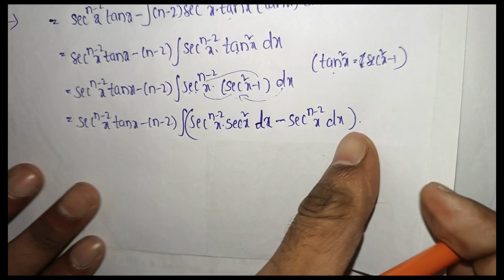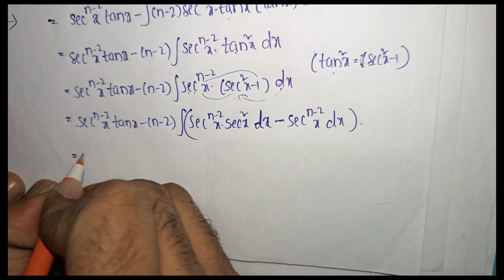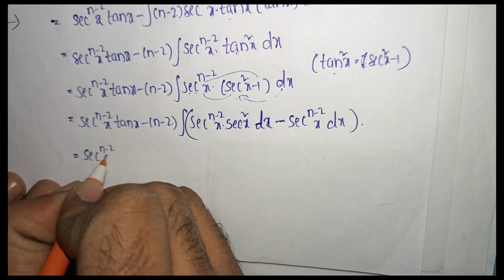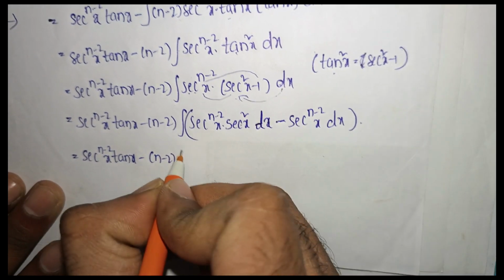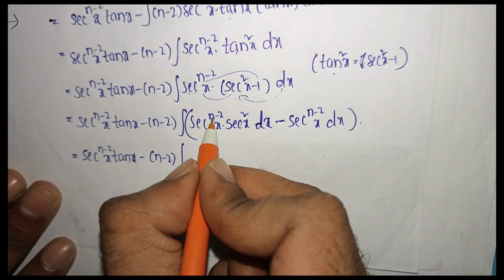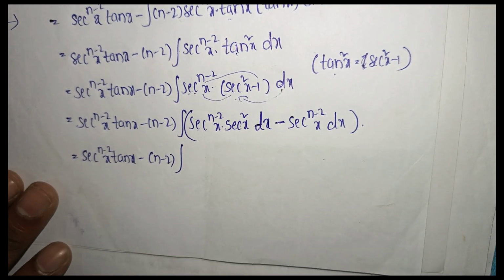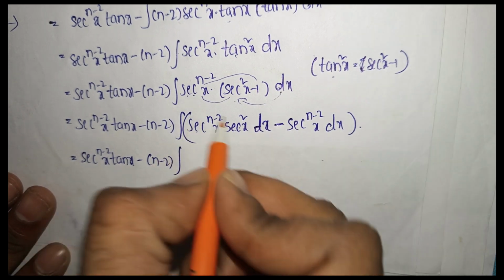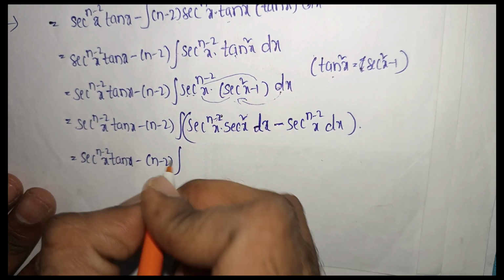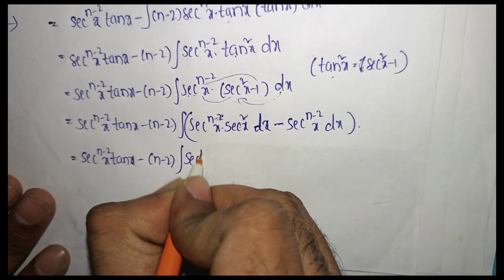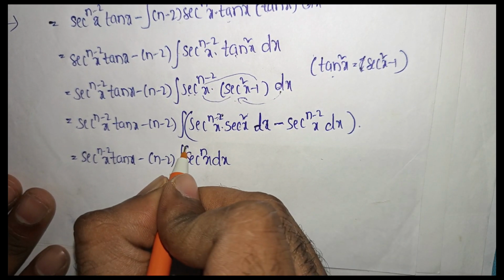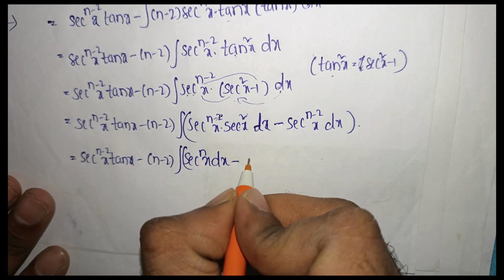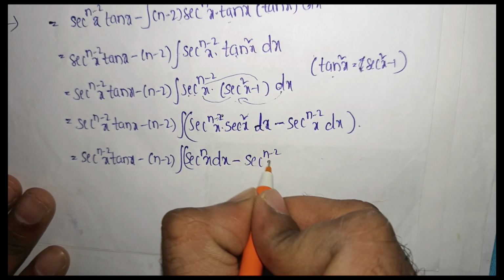Now secant to the power of n minus 2 x tan x minus n minus 2. See here, secant to the power of n minus 2 into secant square x is nothing but the addition of powers. N minus 2 plus 2, which means this minus 2 plus 2 gets cancelled. What we get is secant to the power of n x dx minus secant to the power of n minus 2 x dx.